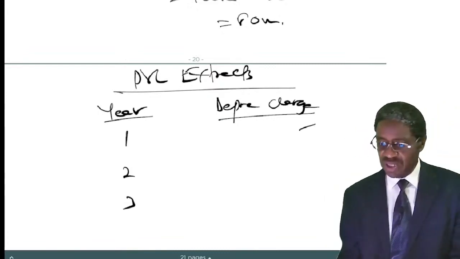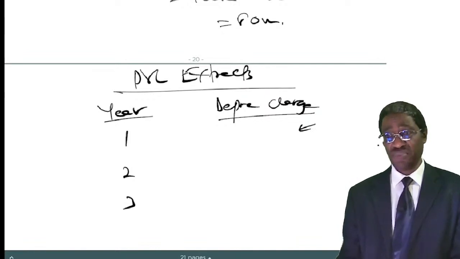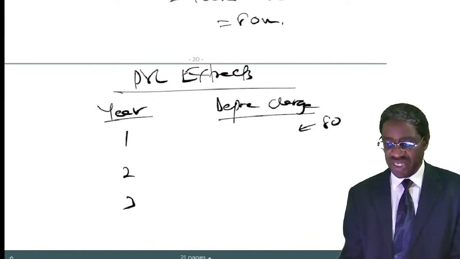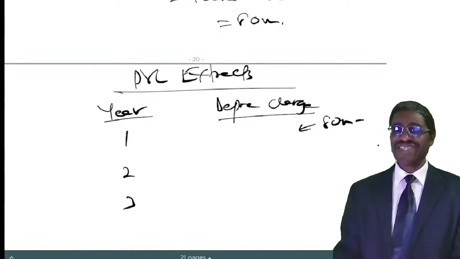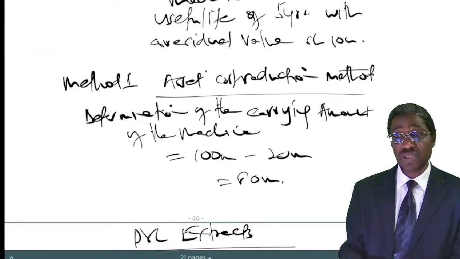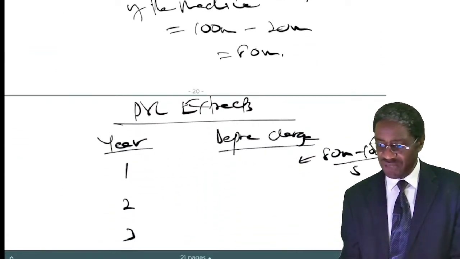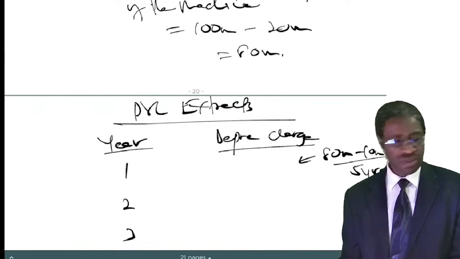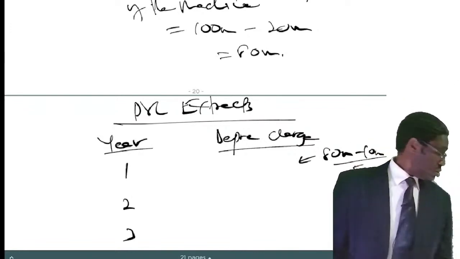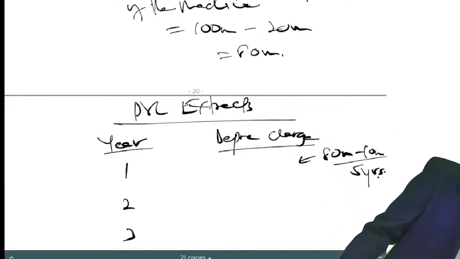So let me first do the first year. It will obviously be 80 million minus the residual value, which was how much? 10 million. You divide that by the useful life of 5 years. What becomes the depreciation charge for that year?